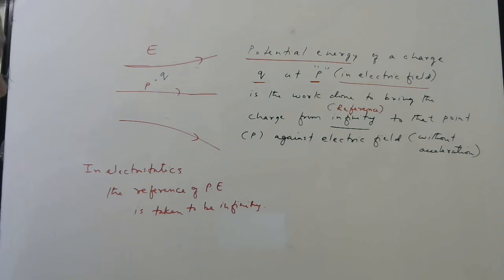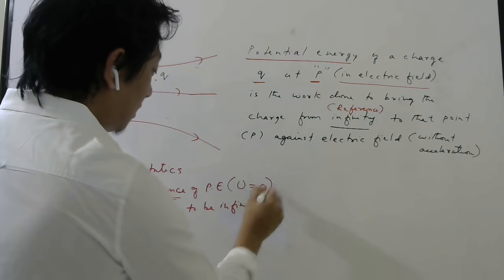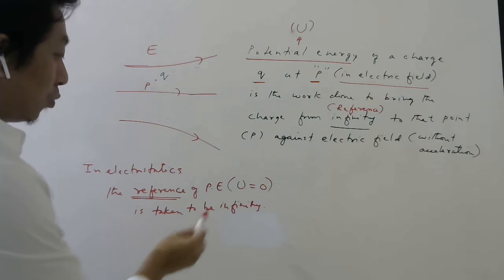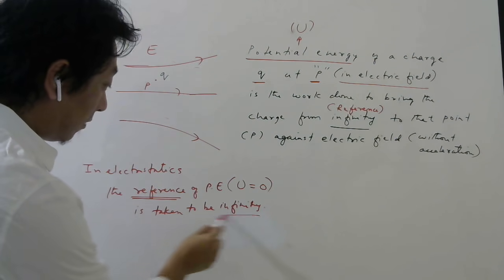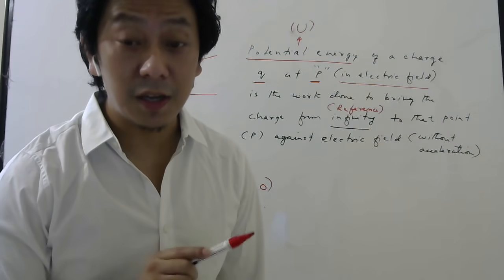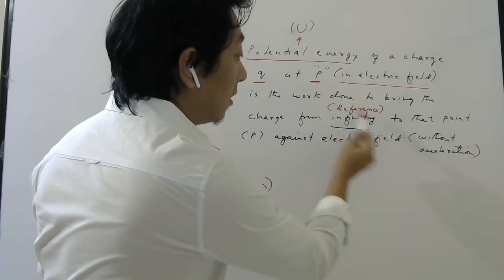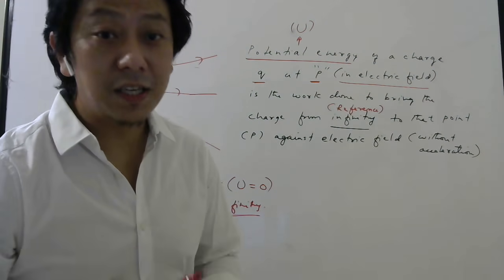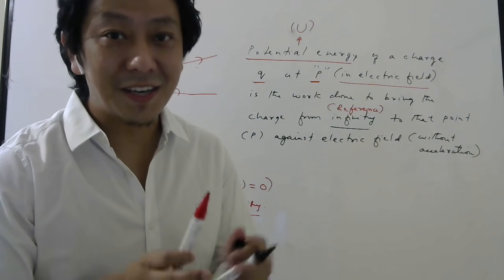We take the reference of potential energy, meaning wherever potential energy is zero. The symbol for potential energy we write is capital U. So reference of potential energy means potential energy is zero at infinity. So you have to start from the reference, as I told you in the last video. Here, instead of reference, you mention the word infinity, because in electrostatics we take infinity as the reference. If you want you can change the reference, but again, it is a convention.